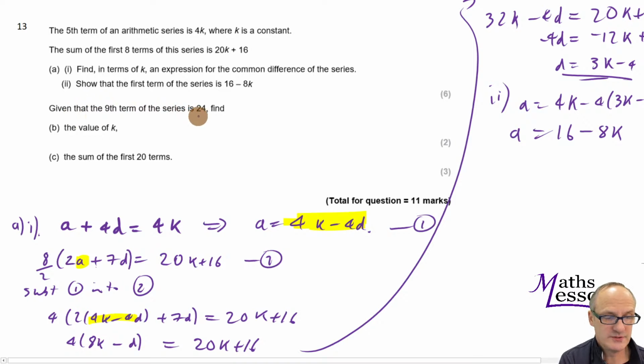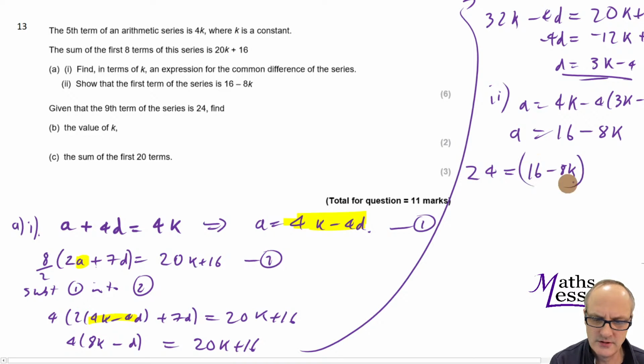Given the 9th term of the series is 24, find the value of k. So we've got 24 is equal to the 9th term of the series. So that's going to be 16 minus 8k plus n minus 1 lots of d. Now n minus 1 is going to be 8. And we've got d is equal to 3k minus 4 up here.